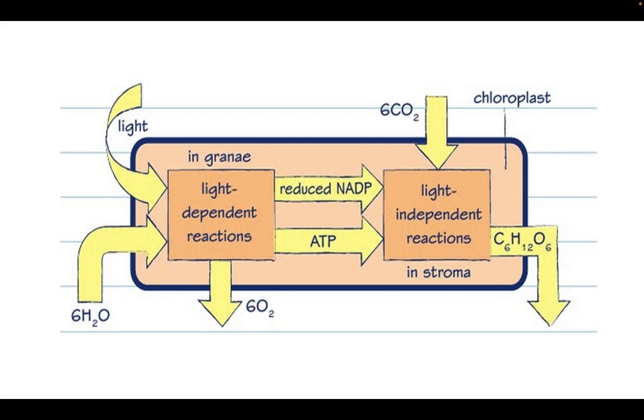So this is the summary of the process. Now, I don't want you to be worried about the complexity of the process. The aim is not for you to memorize it all. The aim is to appreciate just how complex some of these chemical changes are.